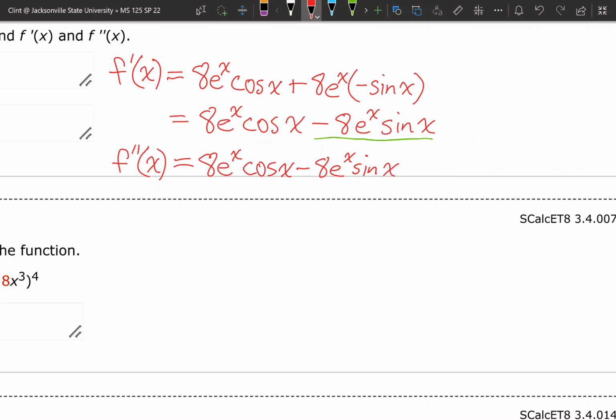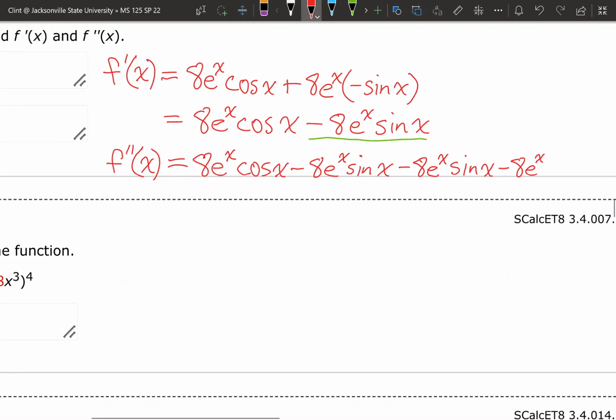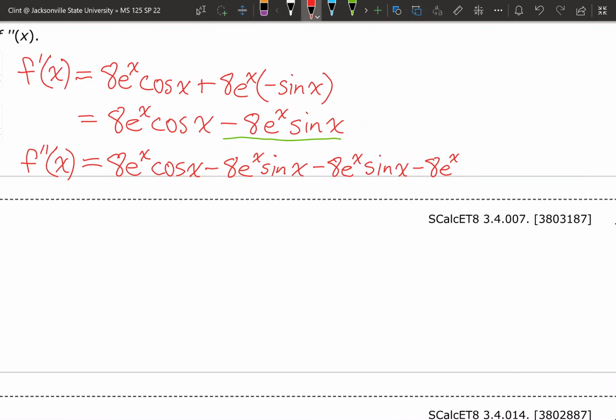So the derivative of negative 8e to the x is negative 8e to the x times sine x plus, just copy it down so it's negative, so it'll turn into minus 8e to the x times the derivative of sine x, the derivative of sine x, cosine x.